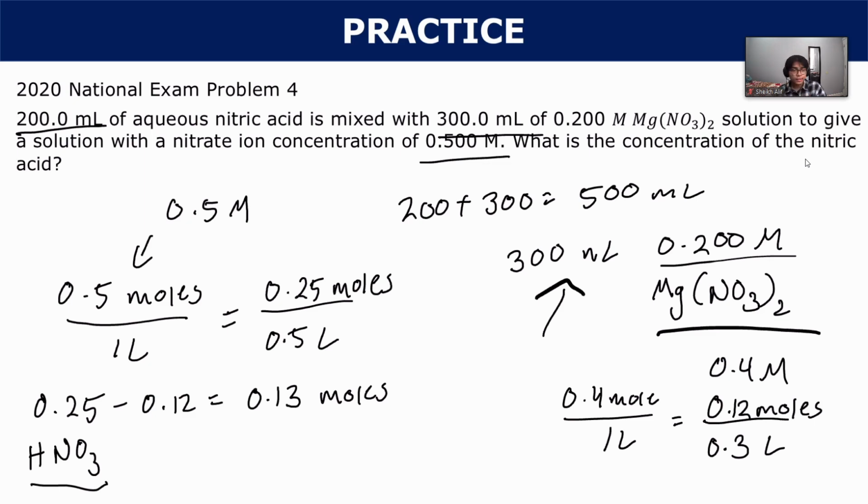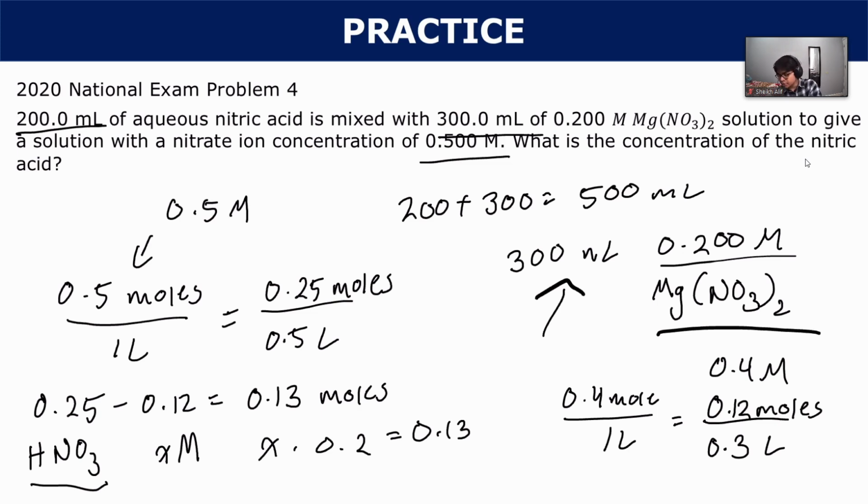If we assume that the molarity is X, so it's X M, we know that X times 0.2 should equal 0.13. Because X tells us how many moles are going to be in 1 liter, so if you multiply by 0.2, which represents 0.2 liters, aka 200 milliliters, we're going to get that there's going to be 0.13 moles.